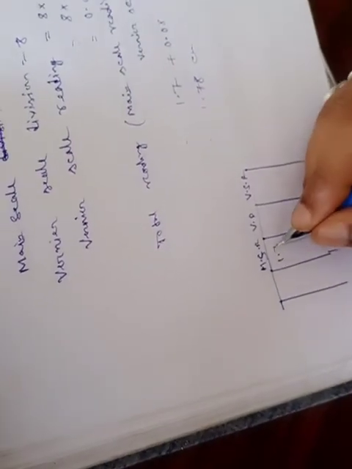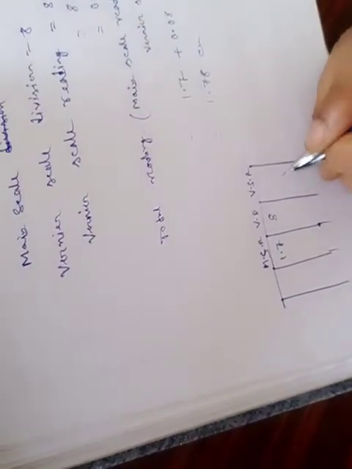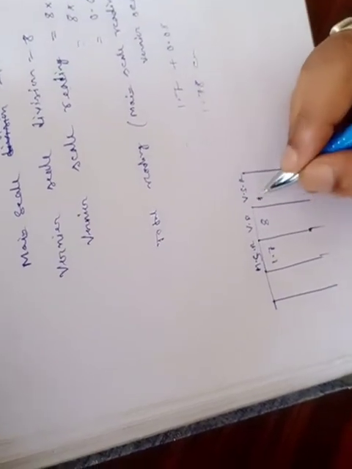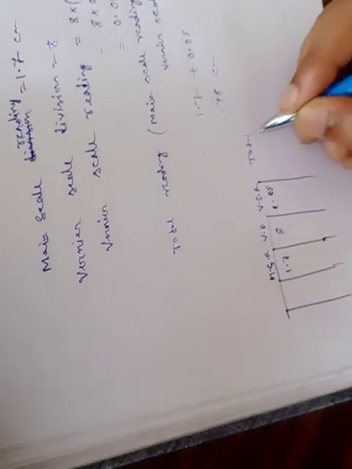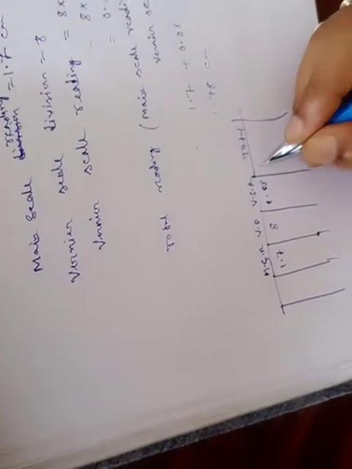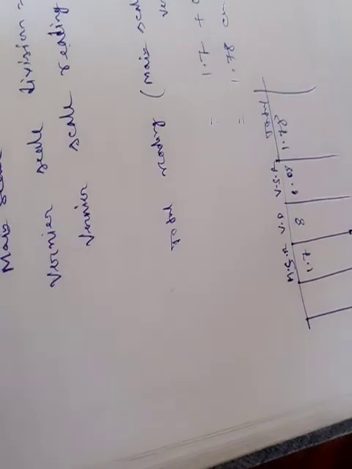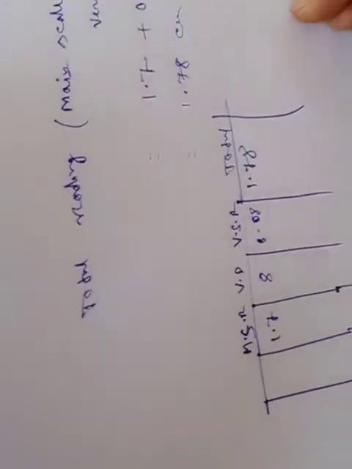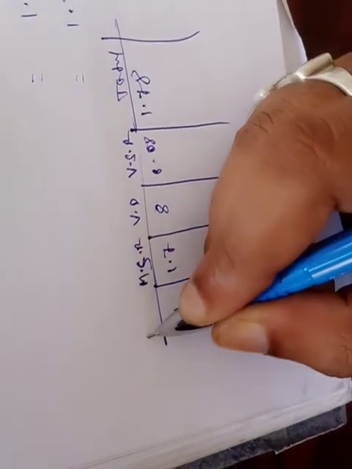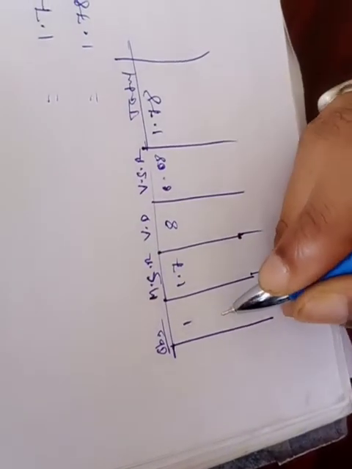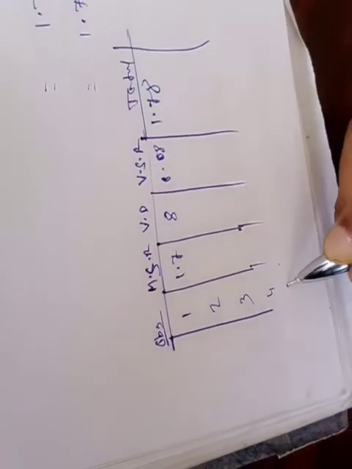So main scale reading here is 1.7, vernier division 8, vernier scale reading is this one, 0.08, and at last the total, that is 1.78. In such a way, this is observation number 1. Again 2, 3, 4, 5.